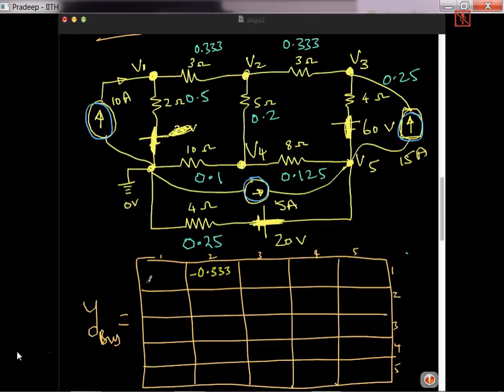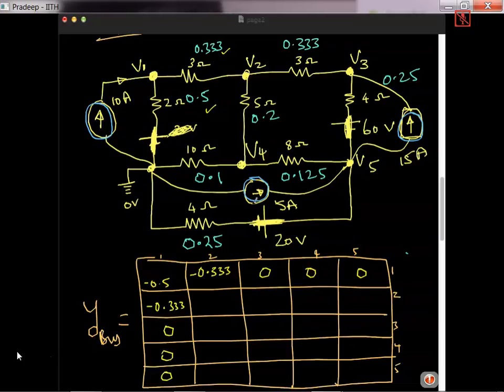So I'll just put minus 0.5. So 1 and 0 means I'll put it in the diagonal element. Next, between 2 and 3, 0.33 is there. First of all, I'll just copy this. Between 1 and 3, nothing is there. Between 1 and 4, nothing is there. Between 1 and 5, nothing is there.